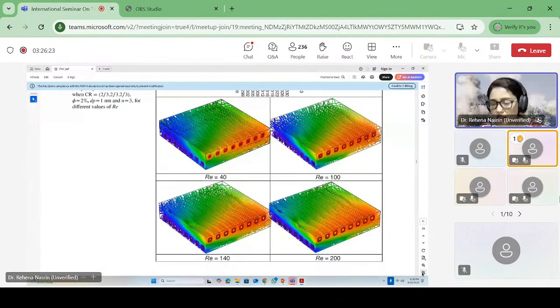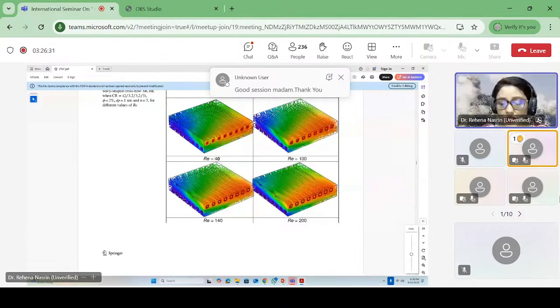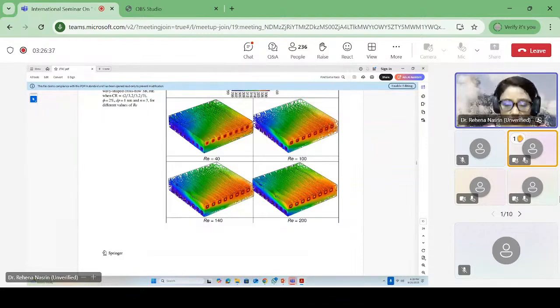And this is the contour plot for different Reynolds numbers. We choose 40 to 200 as the Reynolds number, that is velocity. You know that when Reynolds number increases, the inlet velocity of the fluid increases.